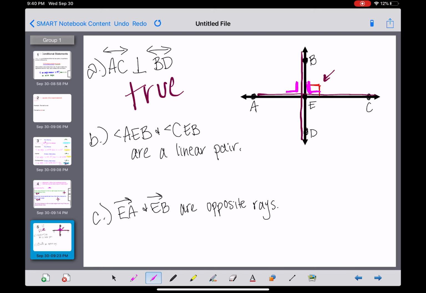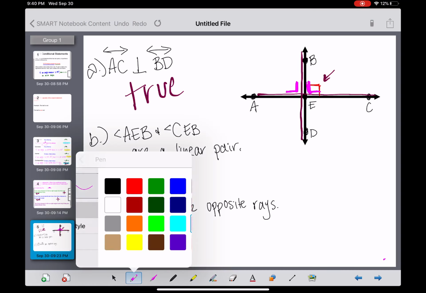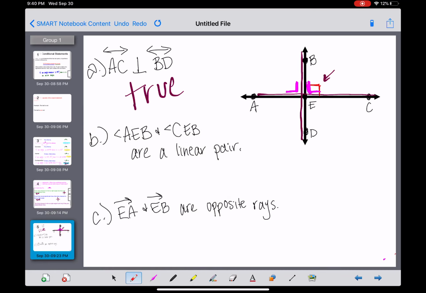Since these are perpendicular lines, that means that its linear pair is also a 90-degree angle. Its vertical angle is also a 90-degree angle, and the last linear pair is a 90-degree angle. So they form a line because it is 180 degrees. So this is another true statement.